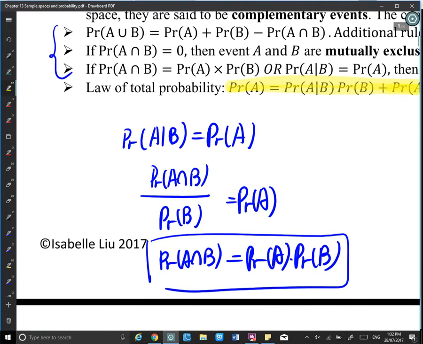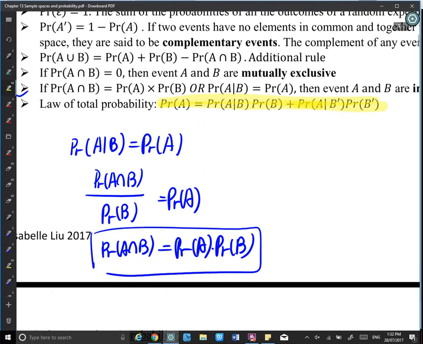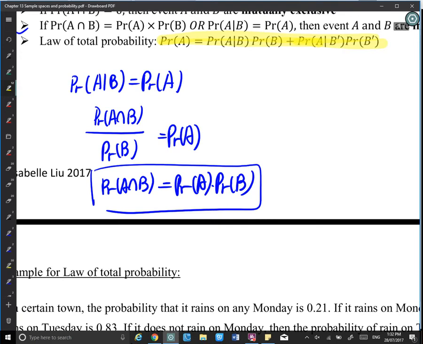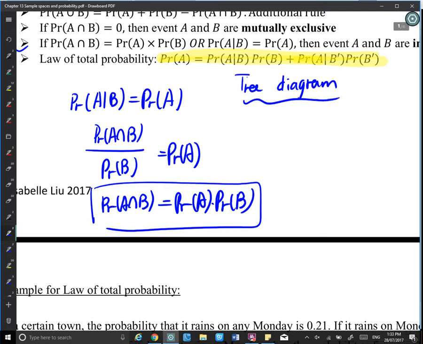This is something I learned in uni; I haven't really learned this in high school. In uni you use this formula a lot, but in high school we don't really use it. This is equivalent to a tree diagram. Every time you can use this formula, it will be equivalent to a tree diagram. The tree diagram can help you solve this type of probability question. I'll show you an example below.